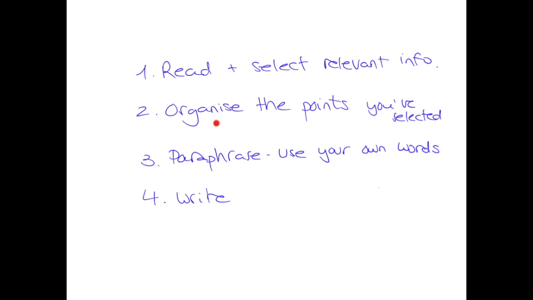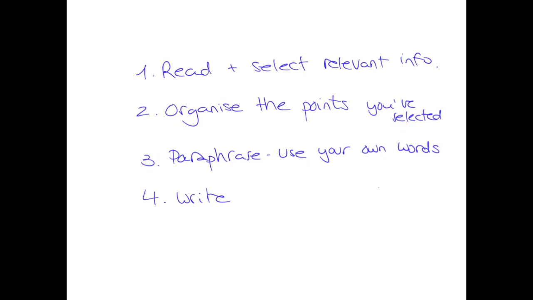Then organize the points and the information you have selected and that you're going to give. Because maybe you're going to give that information in a different order from the original text. Maybe you have to get some parts together, or put them at the beginning or at the end. So rethink, reorganize the information.